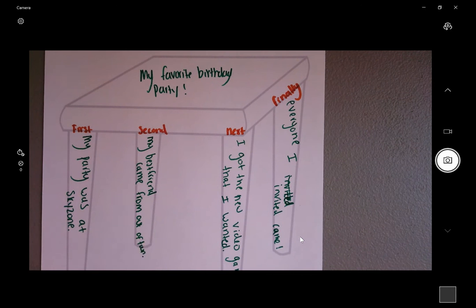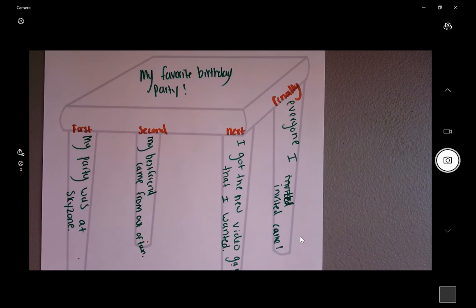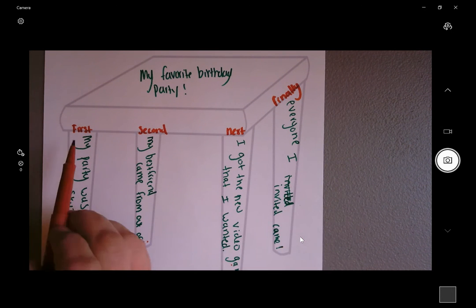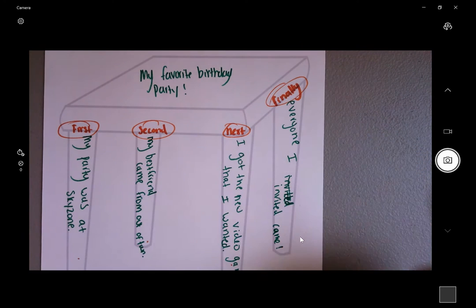And then you're going to put 4 details that would support your topic in the legs of this table. And if you can, try to use 4 transition words like we've been talking about this week that would help make your paper flow better and easier for everybody to read.